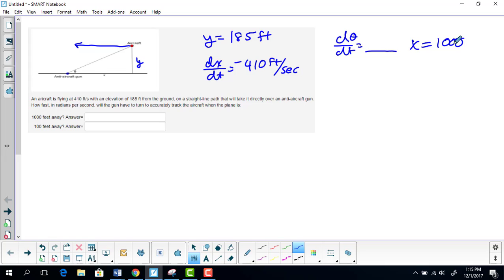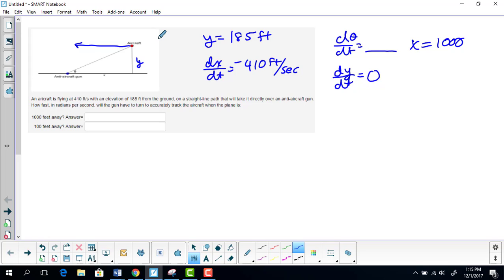Obviously, the relationship here between theta, x, and y, please note we are going to use y instead of the hypotenuse, because dy/dt in this case is 0. That is, y is a constant. The elevation of the aircraft is not going to change as it flies over.